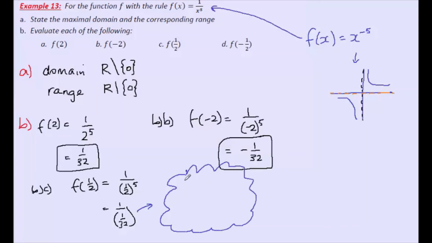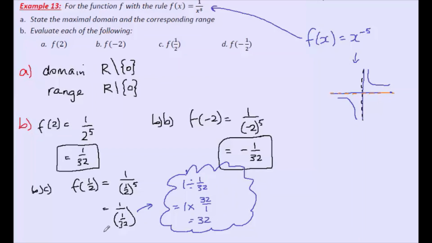I have 1 divided by 1 over 32. Remember, when we're dividing by a fraction, we actually flip and multiply. So that's the same as saying 1 times 32 over 1. 32 over 1 is 32.